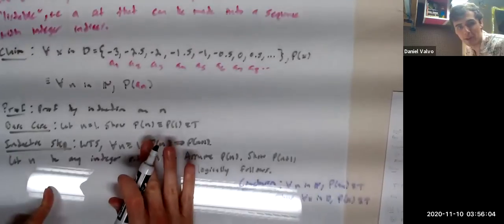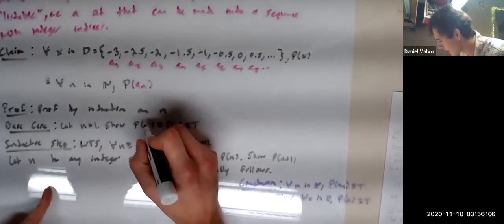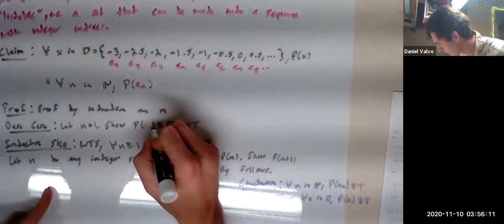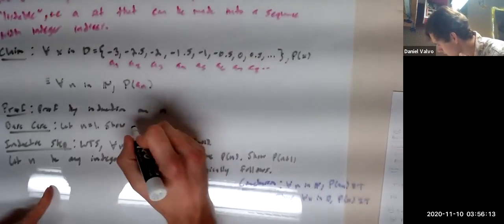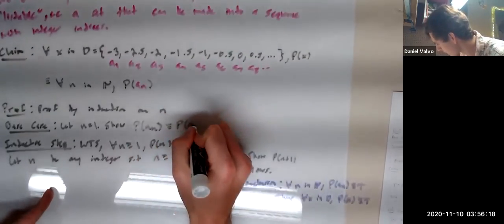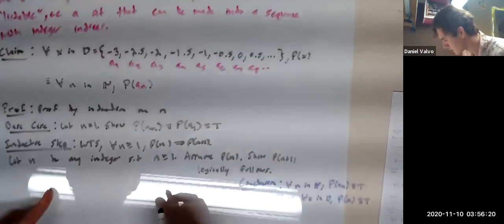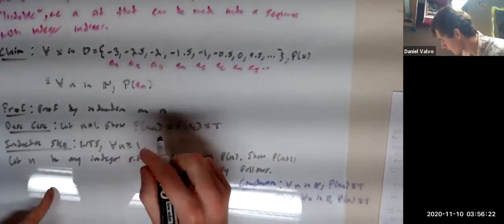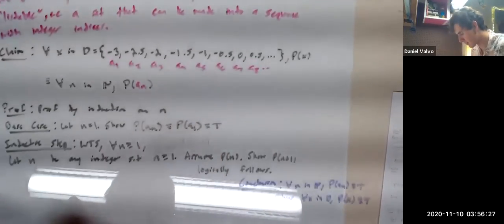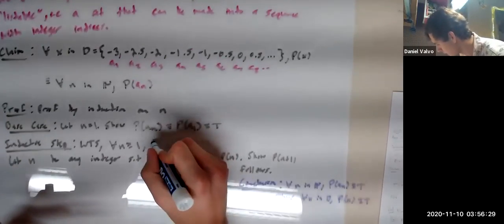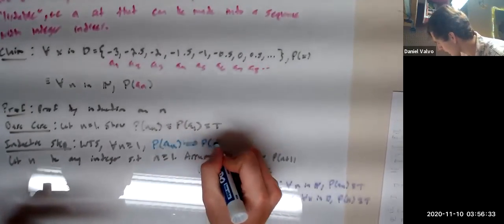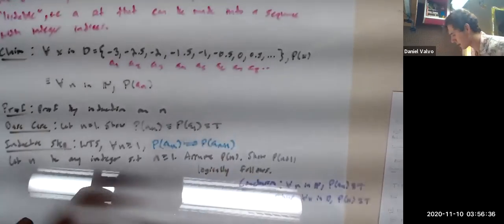All of these places where I have a P of N, I really want a P of an, right? So I want to show that P of a1 is true. And here I want to show that P of an implies P of an plus 1.